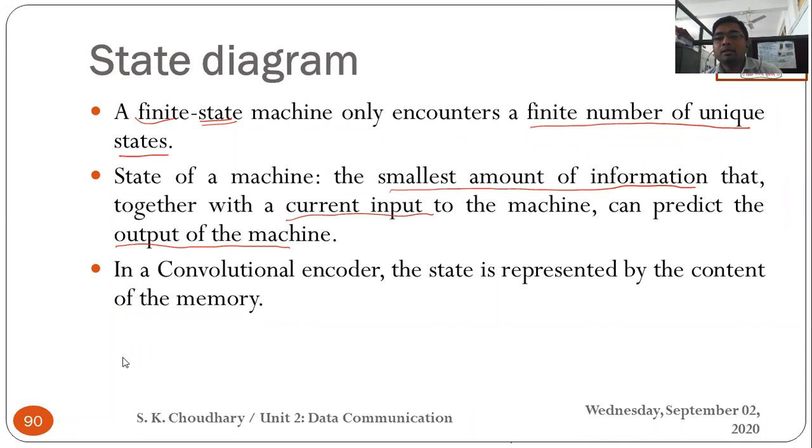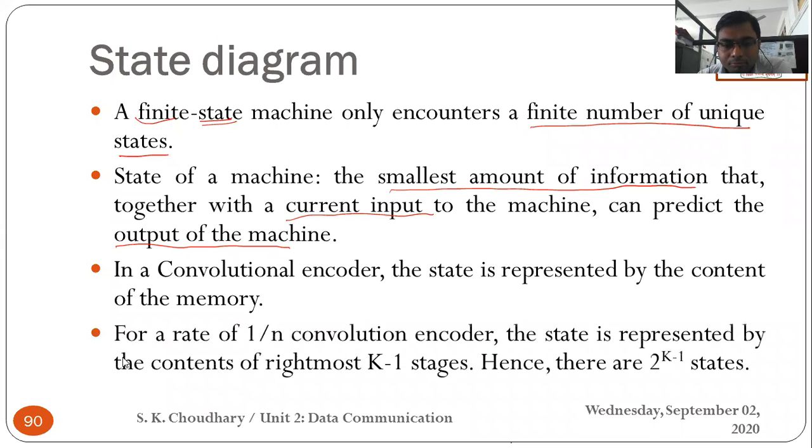We have seen the diagram of the convolutional encoder where we used shift registers, and I told you that whatever the constraint length of that encoder, capital K minus one memory elements are present in it. In our example, the constraint length was 3, and we used 2 memory elements there.